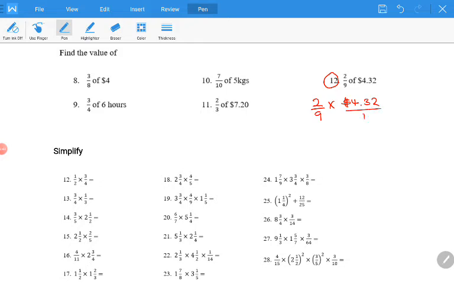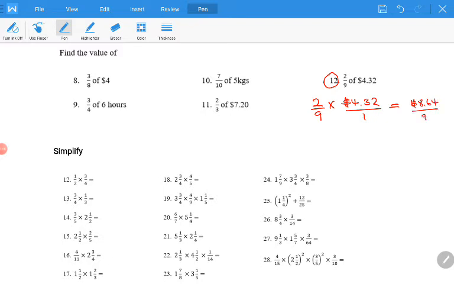So I express it as a fraction, I divide by 1. Then this is equals to 2 times $4.32, I get $8.64.